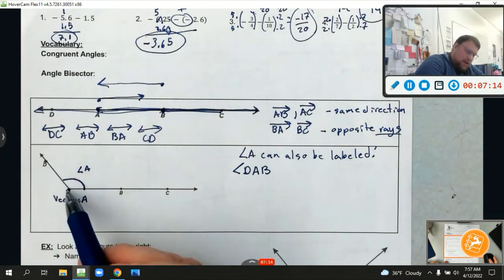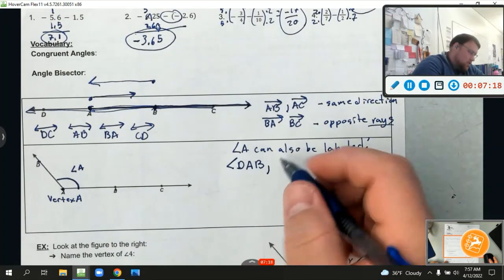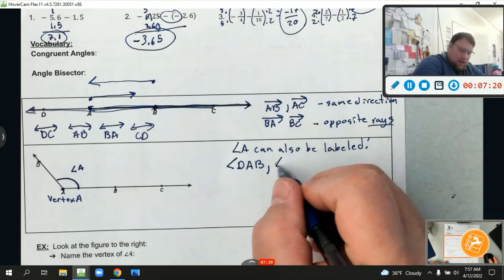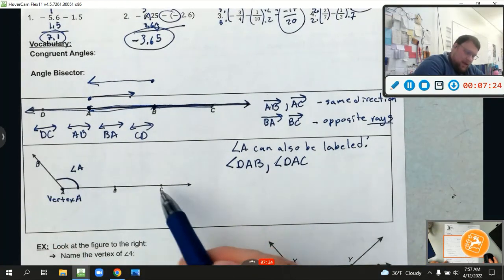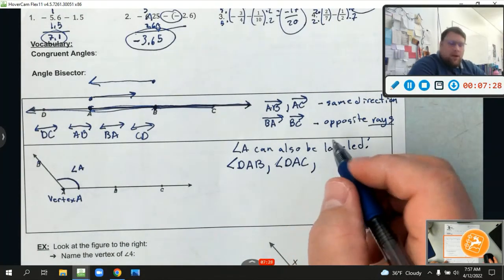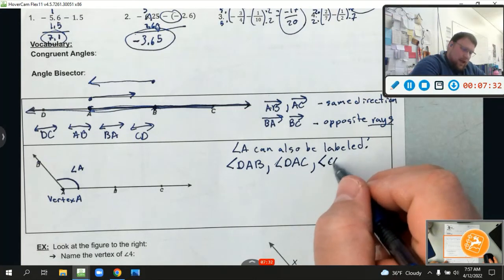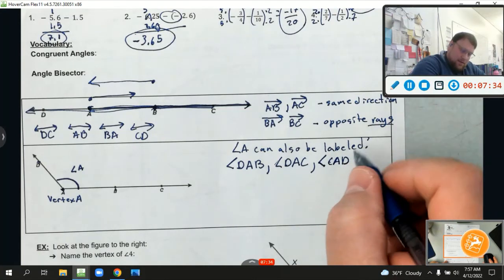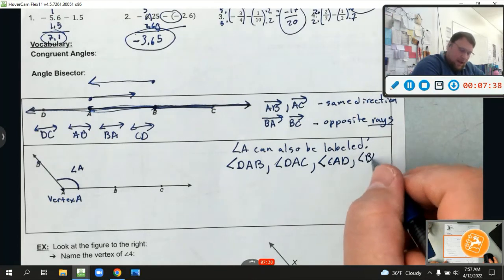Because it goes DAB. That's describing the angle. It could also be labeled angle DAC. Again, following it through, DAC. But then again, order doesn't matter on this, so it could also be angle CAD. Or it could be angle BAD.